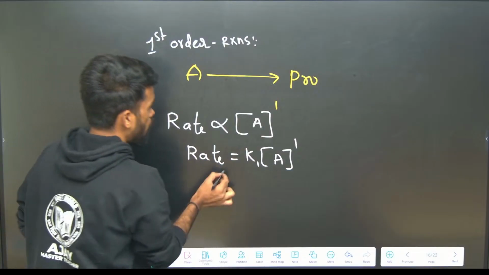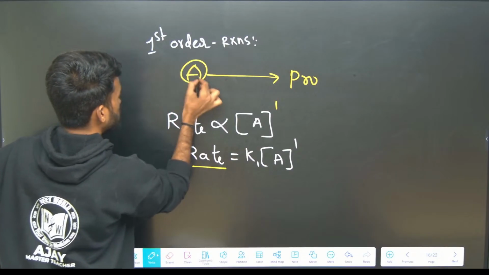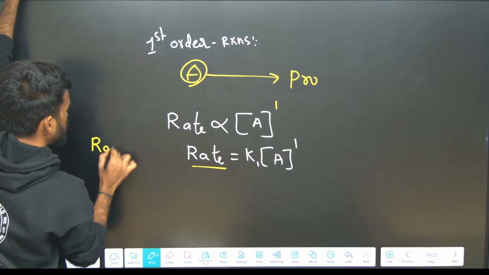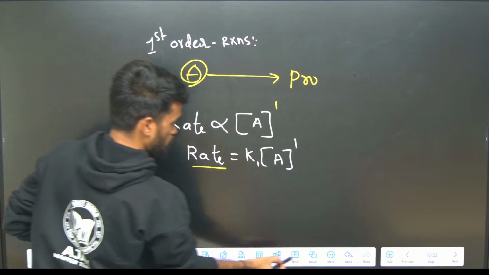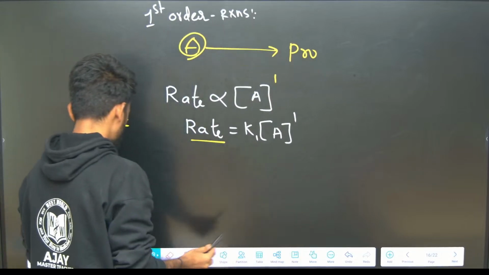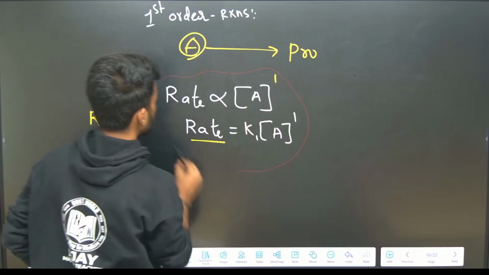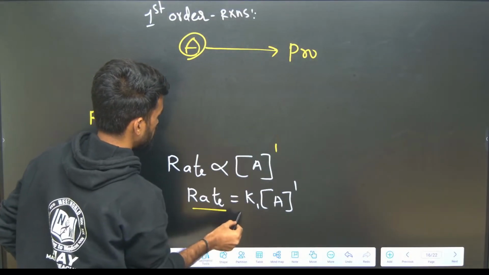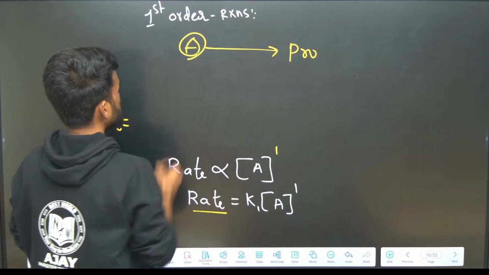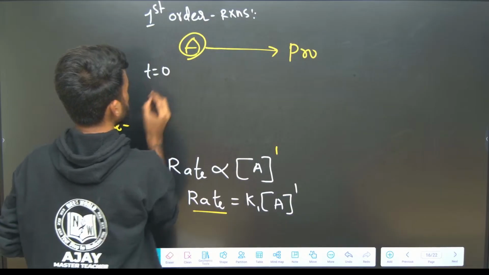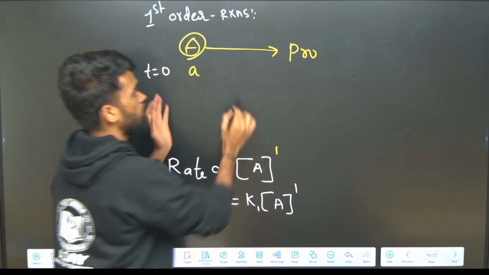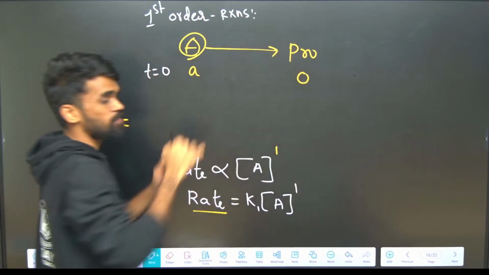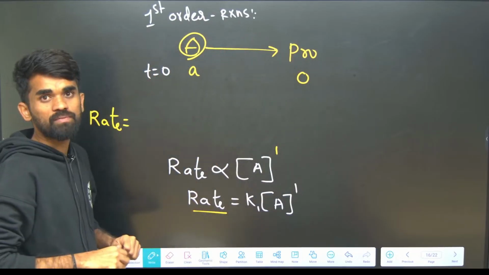And now how can you write the rate expression for this? See, rate means change in concentration of A with time. For example, if this reaction is taking place, at time 0 I have concentration of A as small a, and we do not have any product, concentration of product is 0 at the beginning of the reaction.